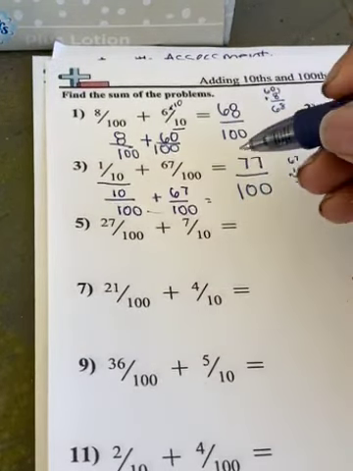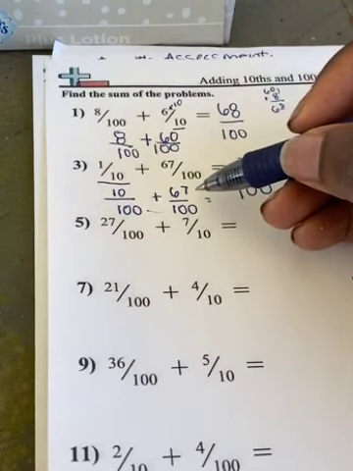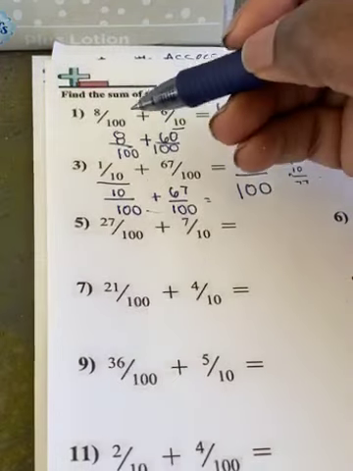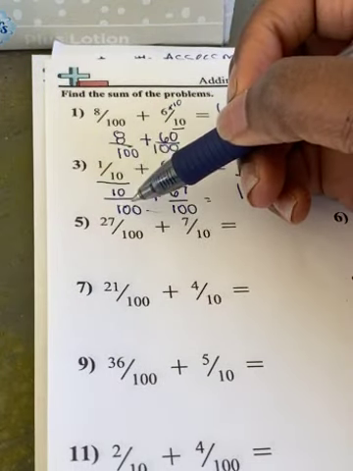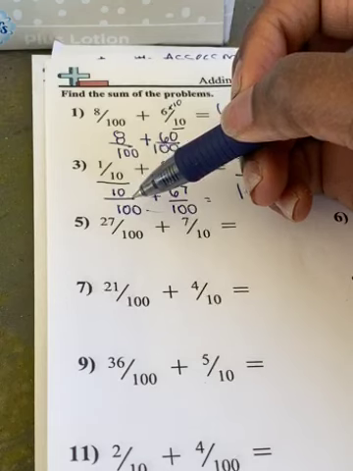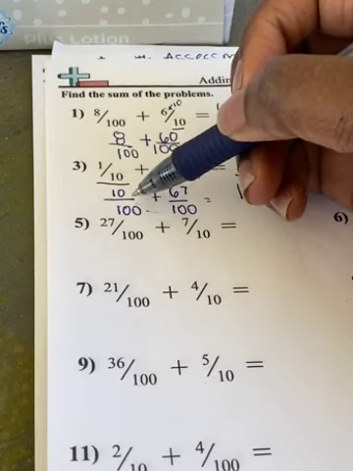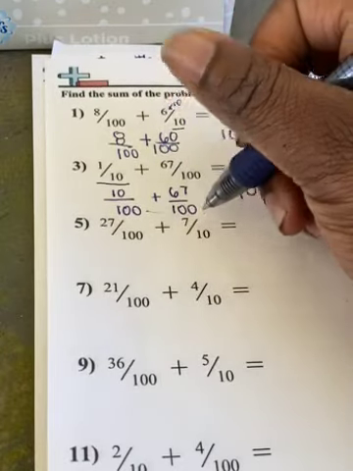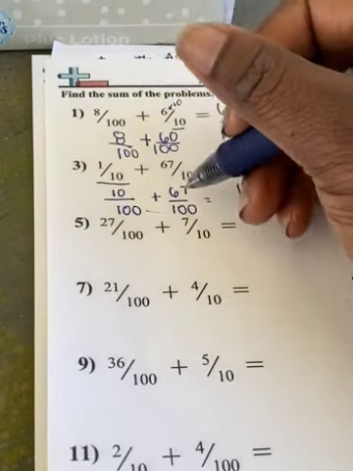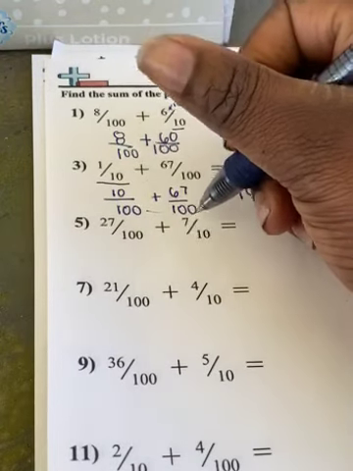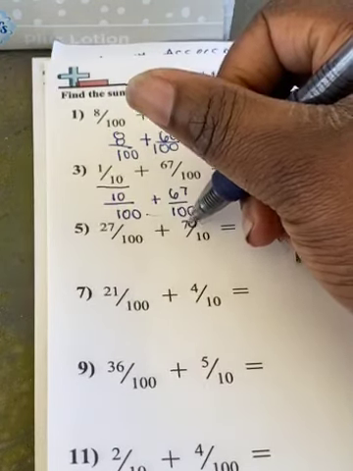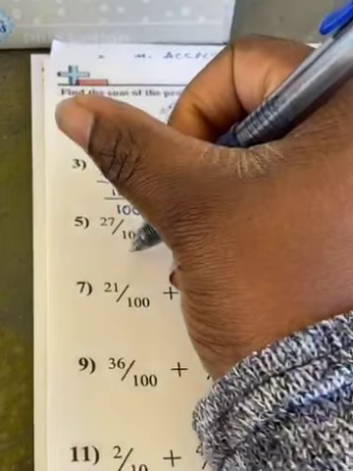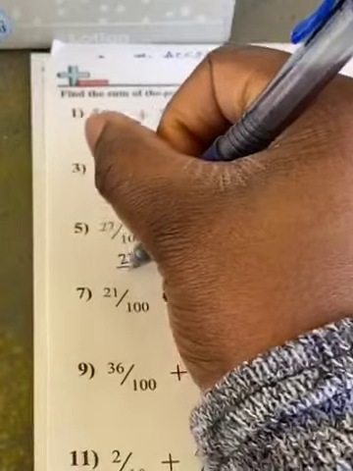Because I know I'm changing it to 100 and I have to multiply 10 by each side, you can clearly see that each time I've been changing my fractions to hundredths, I've been adding a 0 to the top and bottom. And what that shows is that I'm multiplying by 10. So to skip that step above where I showed you how I was multiplying, I'm just going to add my 0 because I know that I am multiplying. And I'm going to rewrite my fractions because I like to visually look at what I'm adding.